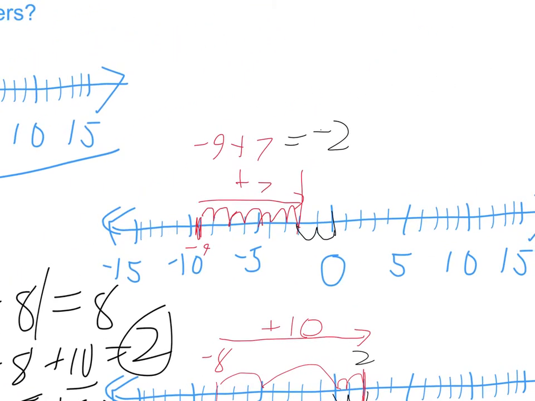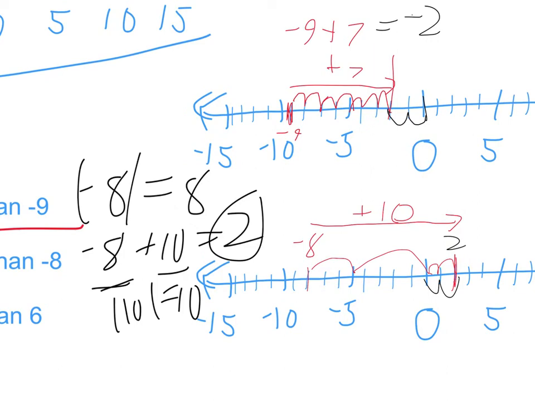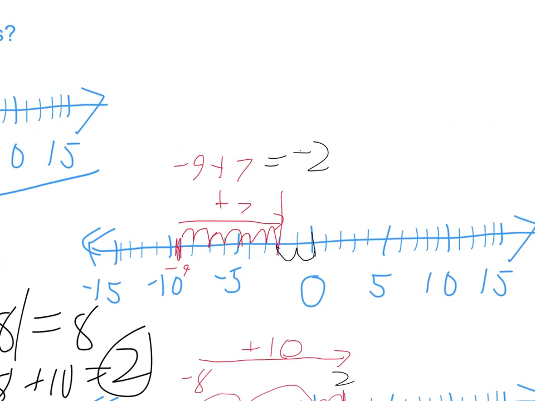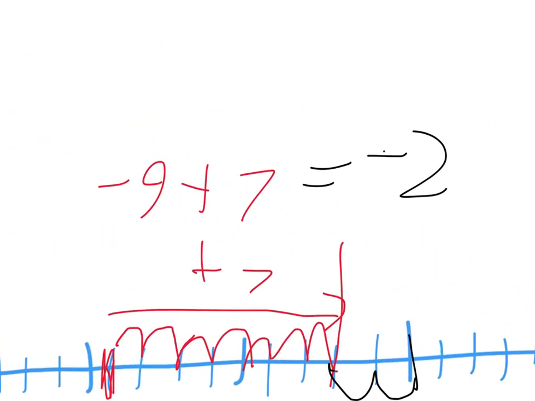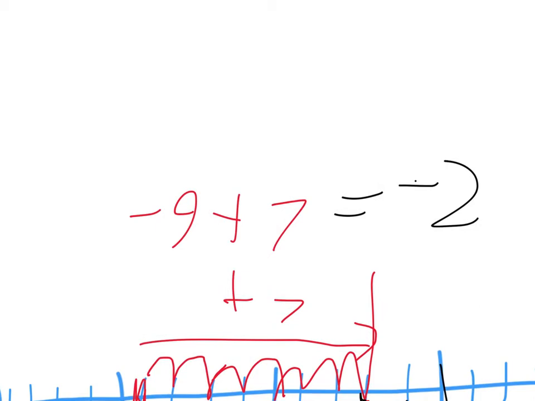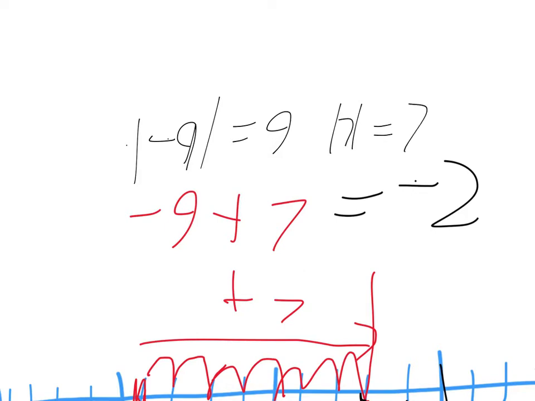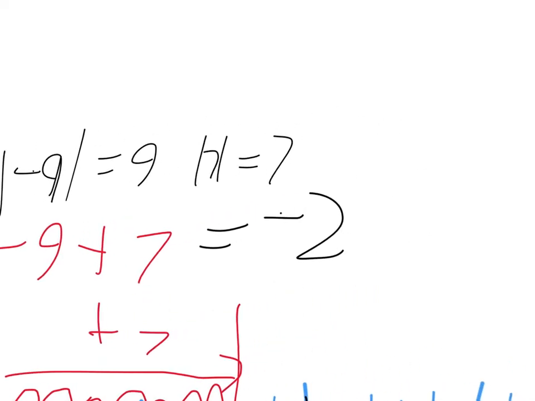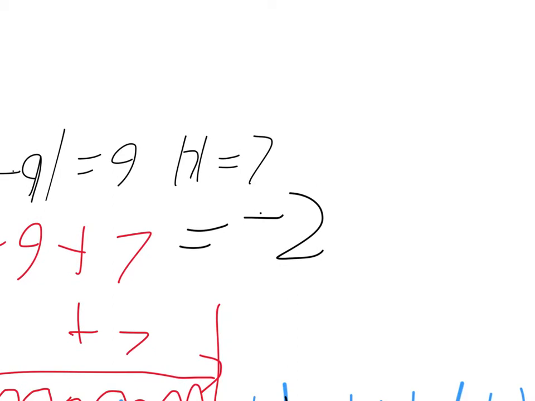And up here, the absolute value of negative 9 equals 9, and the absolute value of 7 equals 7. 9 is greater than 7, and 9 was negative, so at the end we end up with a negative number.